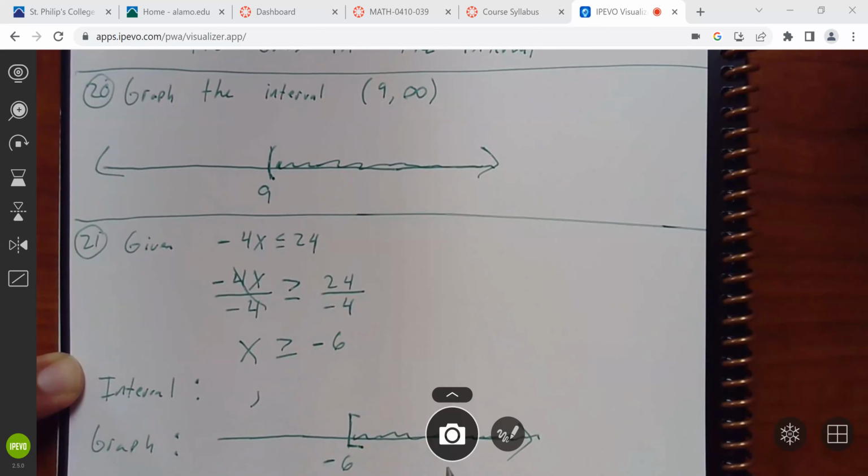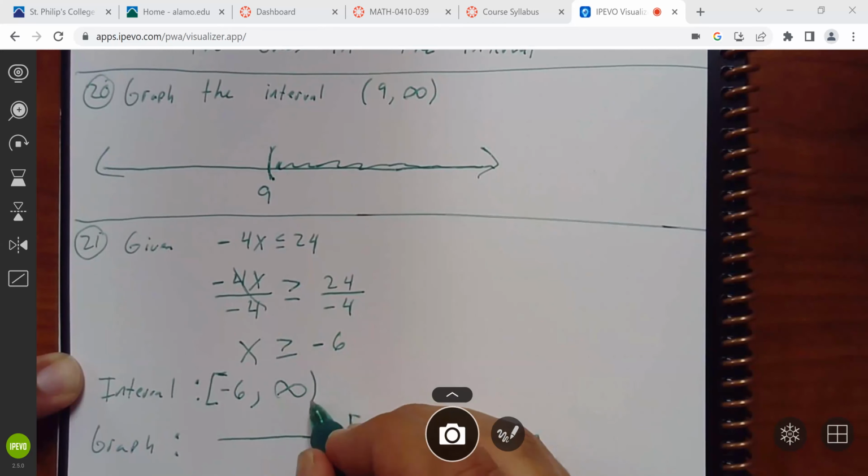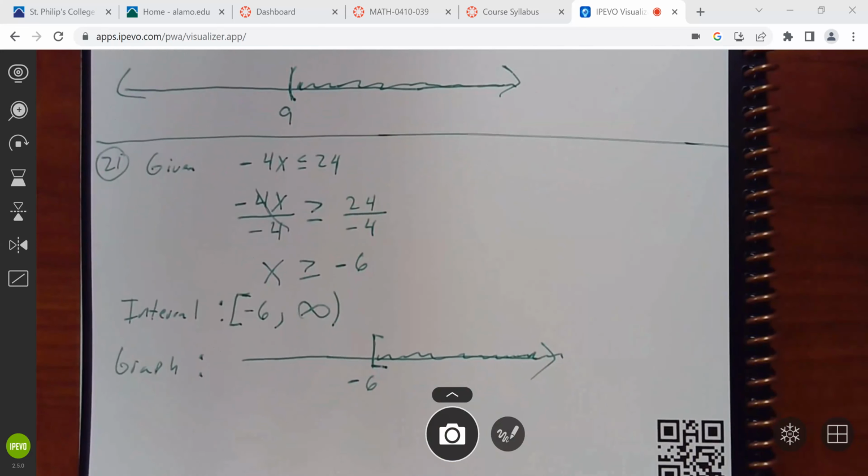Bracket -6. It'll keep going forever, right? That fine?